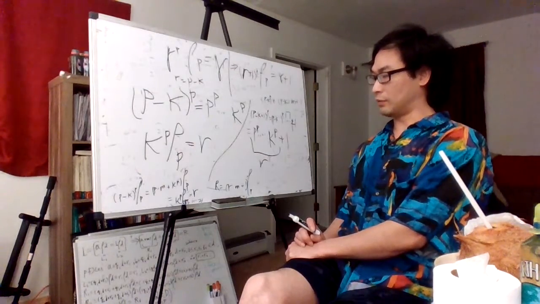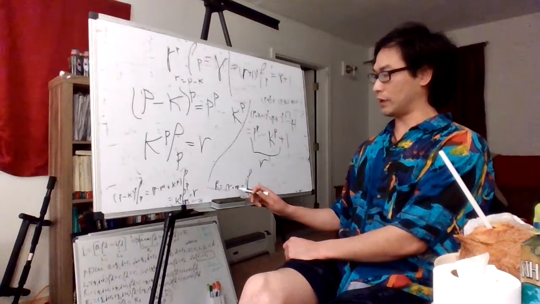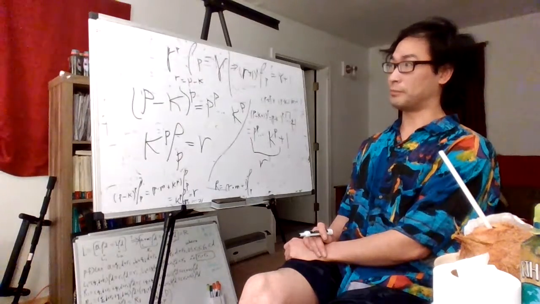I think we may need some more ammunition, okay? How does this rho algebra behave when it comes to multiplication? Does it distribute?